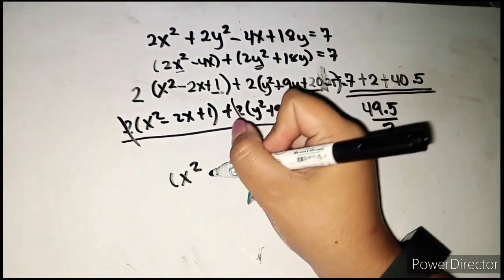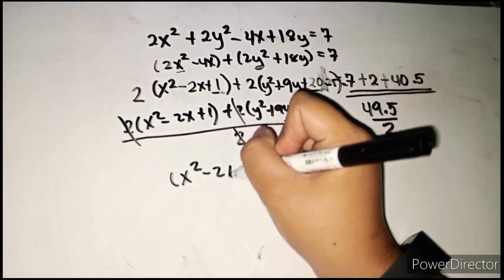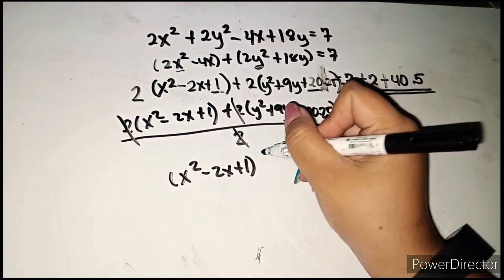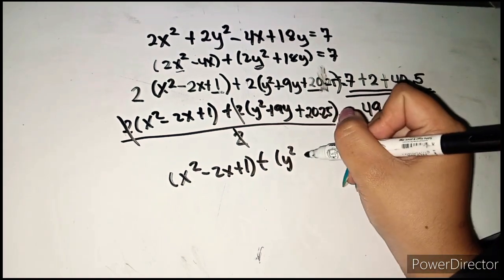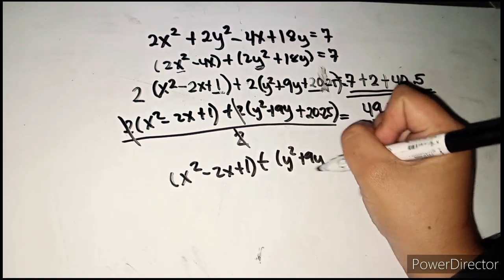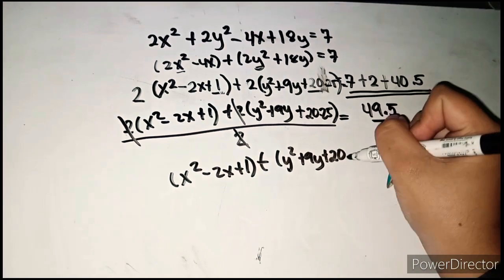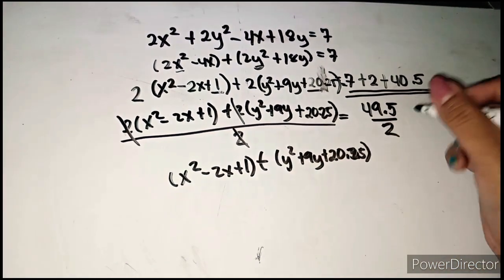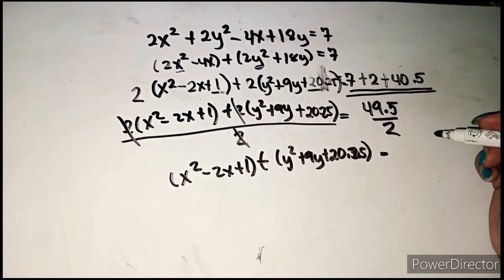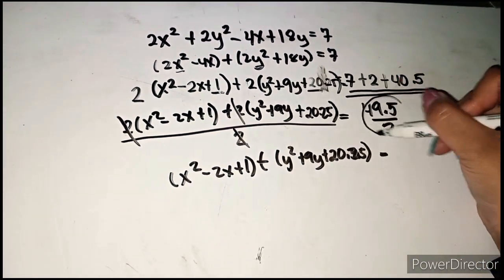So, let's rewrite kung alin yung matira. We have quantity of x squared minus 2x plus 1. Then, the other one plus y squared plus 9y plus 20.25, sorry. And then, we need to simplify this.